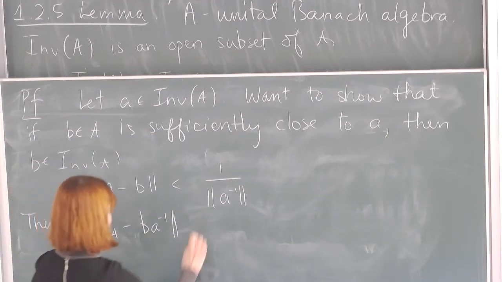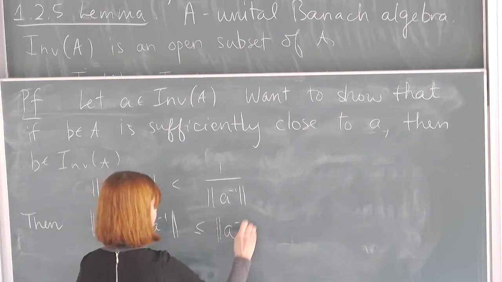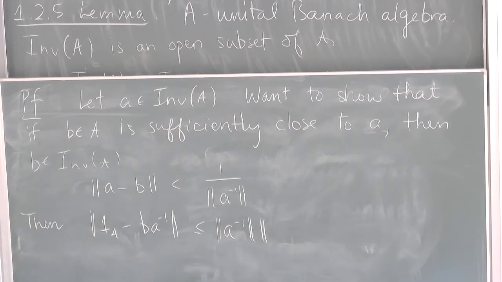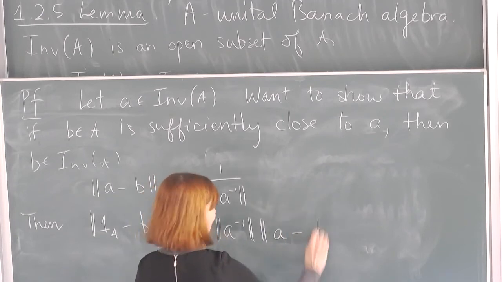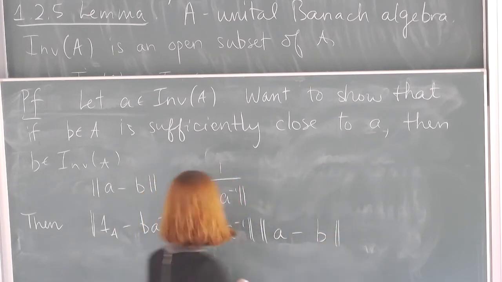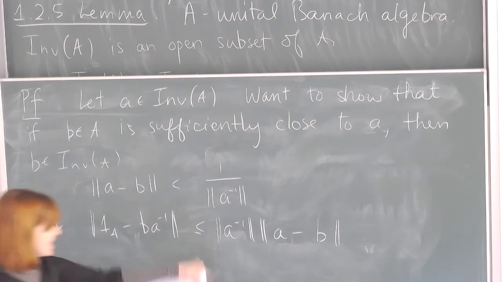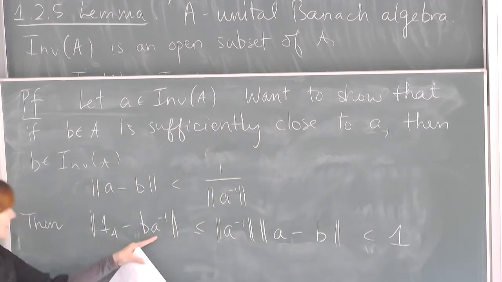So what is this? Well, we can take out this a inverse and submultiplicativity. I don't know why I can't say that word, but you know, there we go. Yes, I am in fact a native English speaker even, so it's very embarrassing. Okay, so this is less than 1. So we know that b a inverse is invertible.